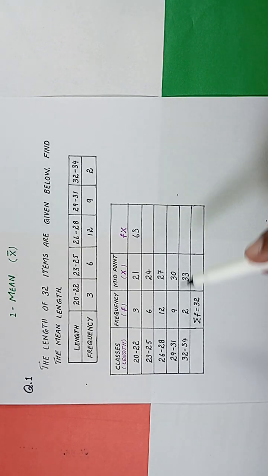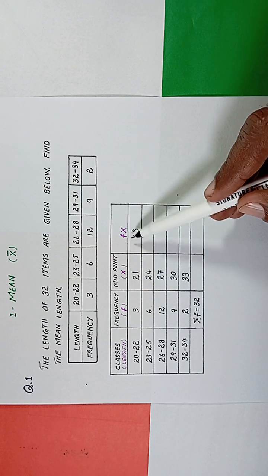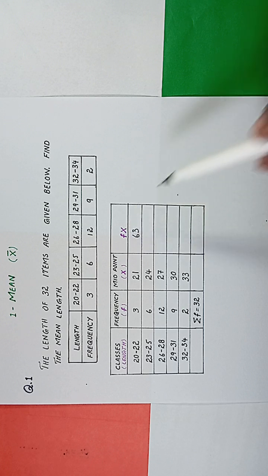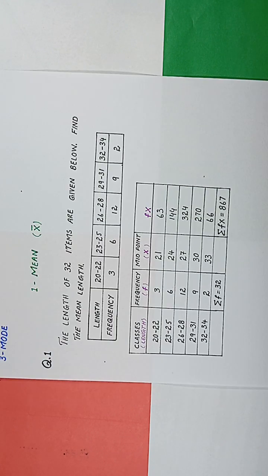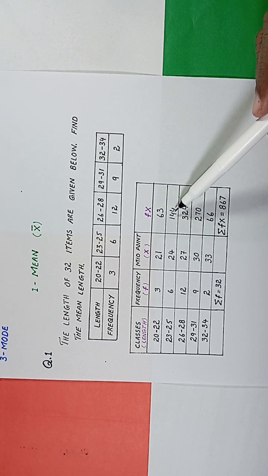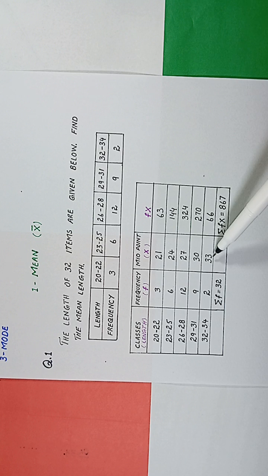So here we multiply all the frequencies and the midpoints and put the answer in the column fx. So we multiply all the frequencies with the midpoints and get these values. And finally you see we multiply 2 with 33 and we get 66.